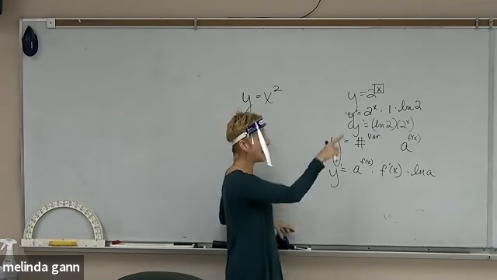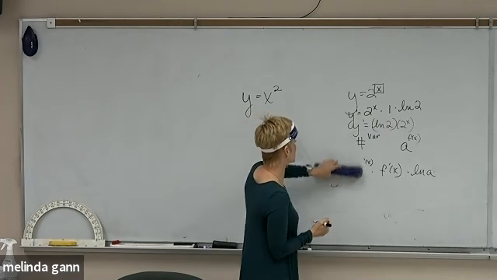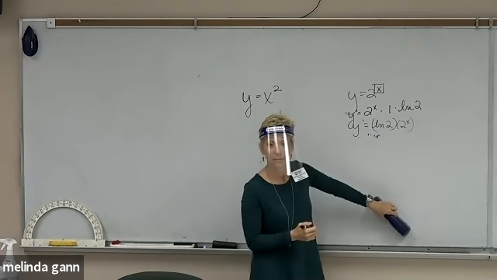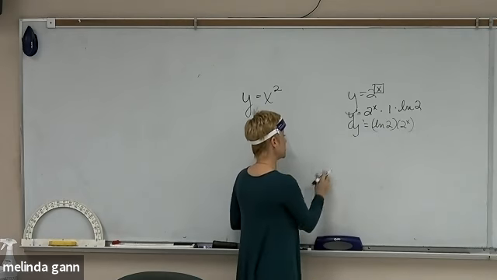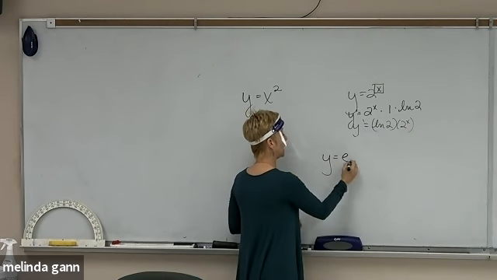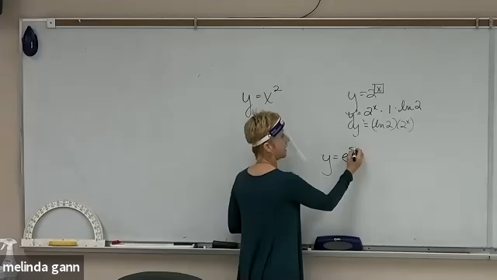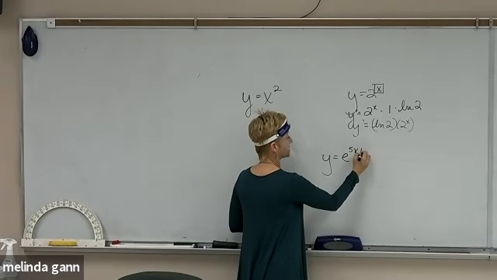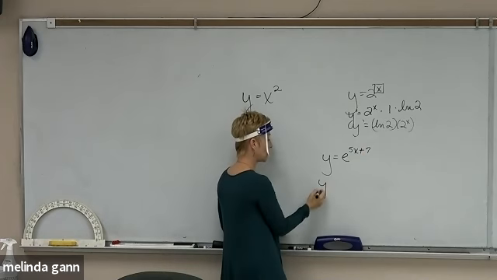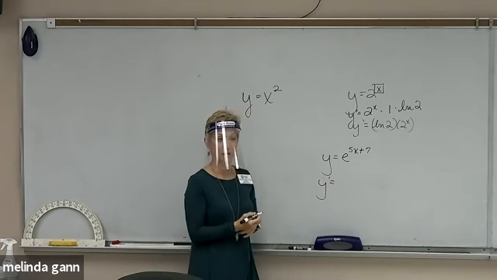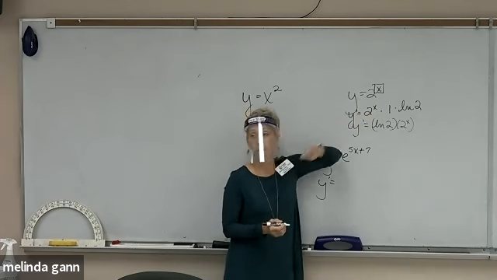Now look at why E is a special case of this. Isn't E a number? Yes. What's E approximately equal to? 2.7. So if I give you something like E to the 5x plus 7, and I say, what's the derivative? That's not power rule. That's a number to a variable power.